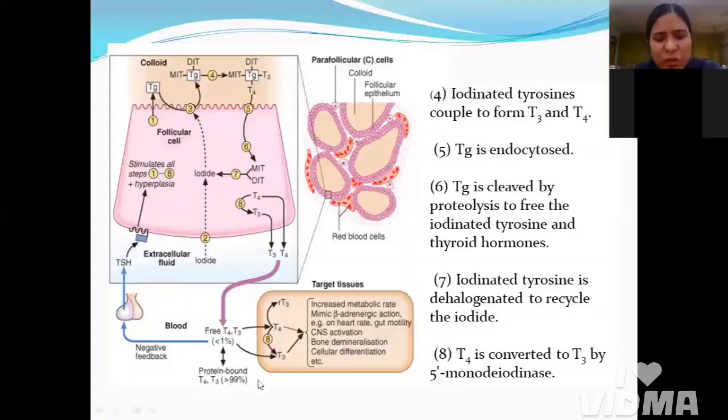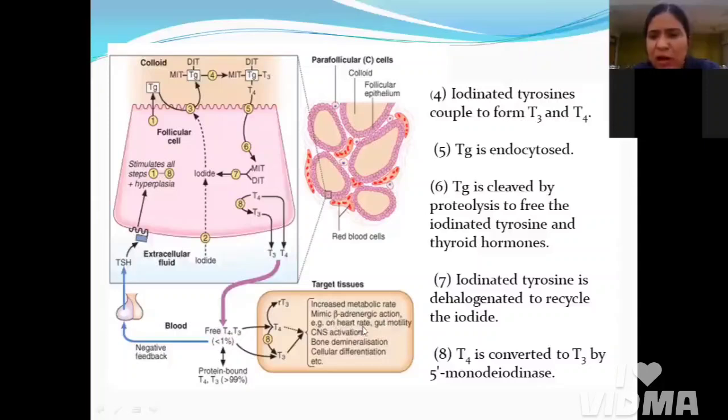Most of the hormone is attached to this TBG, and only less than 1% is free hormone, free T4 and free T3, and this small amount of less than 1% is the main hormone which exerts its effect on the target tissue, like the increased metabolic rate by increasing the mitochondria in the nucleated cells, and it mimics beta adrenergic action.